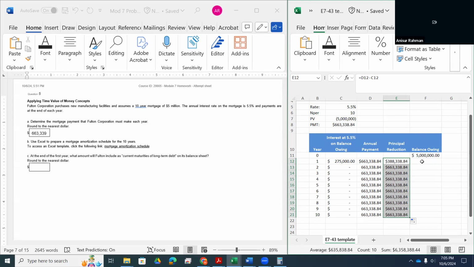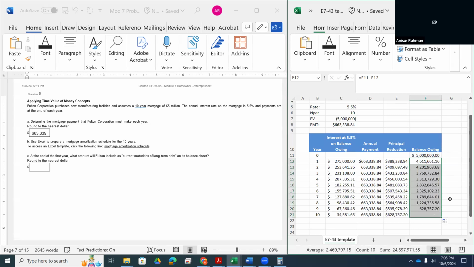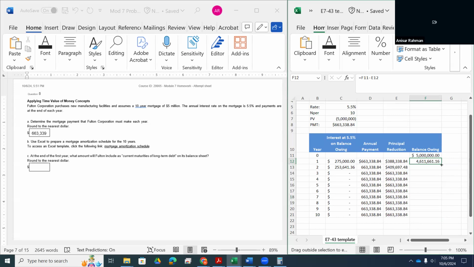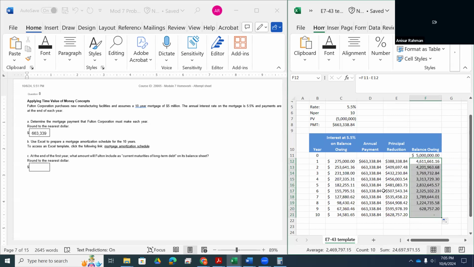And then my balance owing will be my previous balance minus the principal reduction. Hit enter. And then I can pull down this way, or I can also just double click on this plus sign. So you see at the end of the 10th year, it is 0. The loan has been totally paid off.